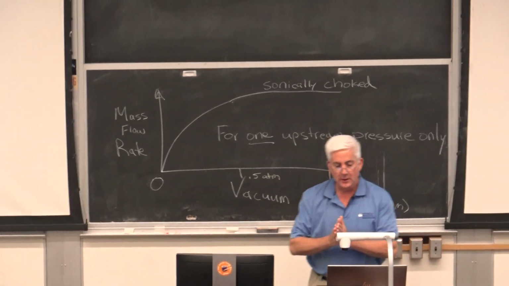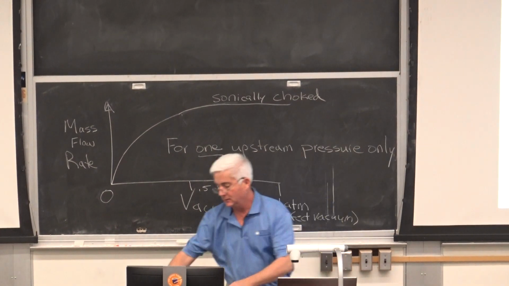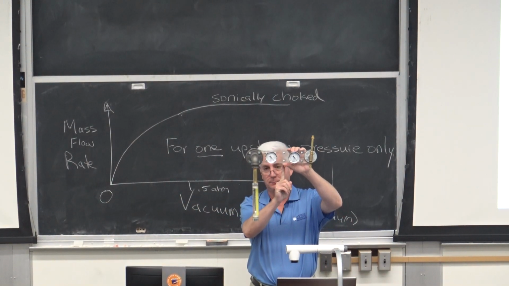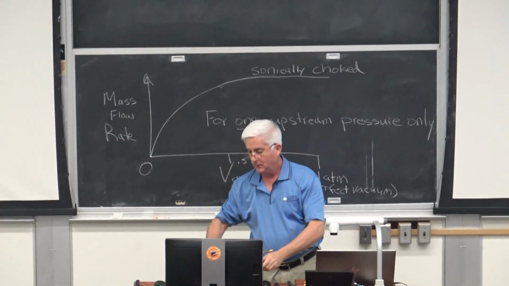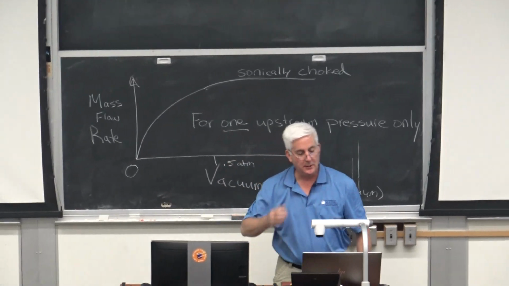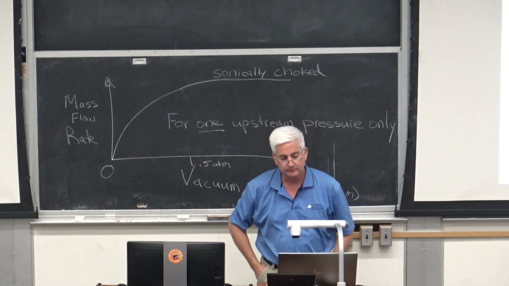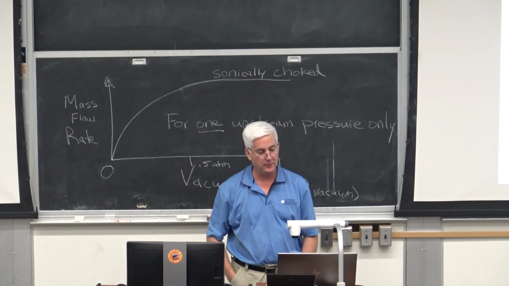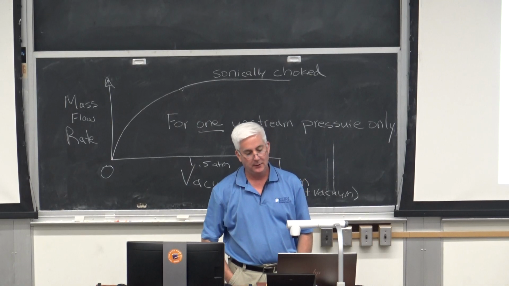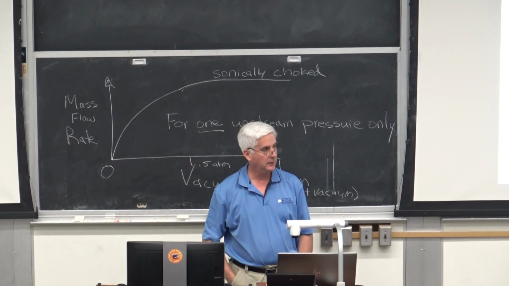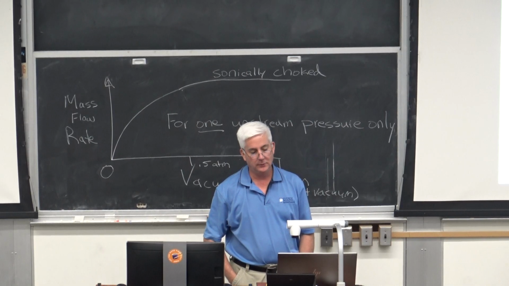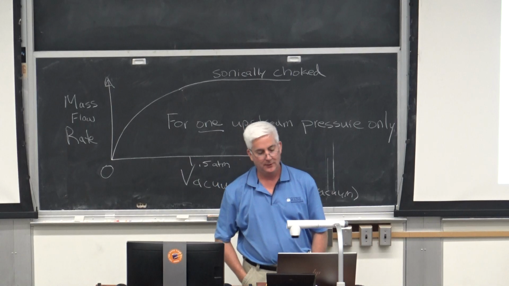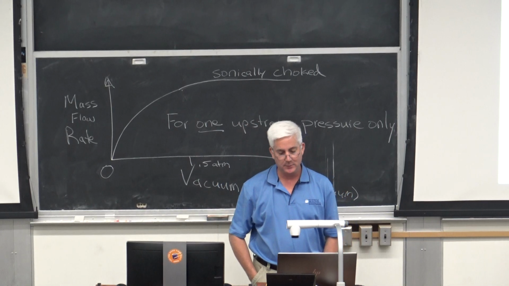Okay, so the pressure I need to create Mach 1, right there at the narrowest part, can be calculated by this cool equation. So P exit over P inlet, the ratio of the outlet to the inlet pressure, critical, meaning at Mach 1, equals (2 over K plus 1) to the K over K minus 1, where K is the ratio of specific heats.